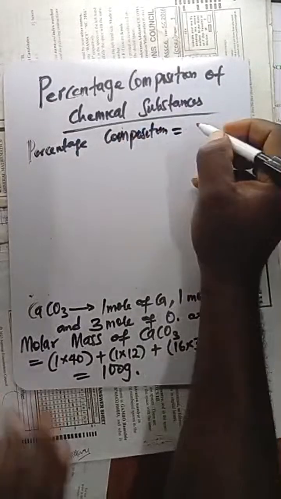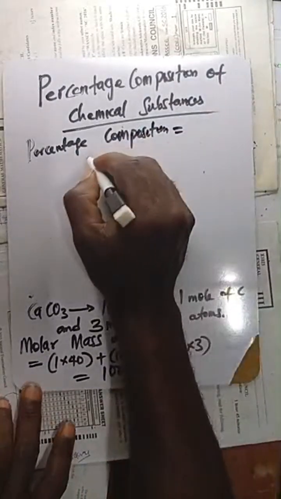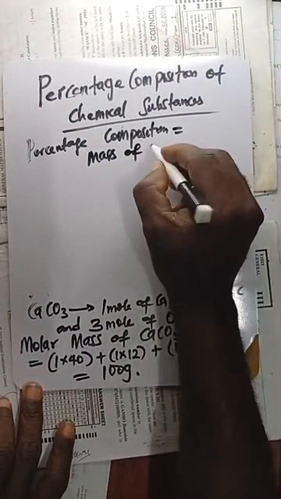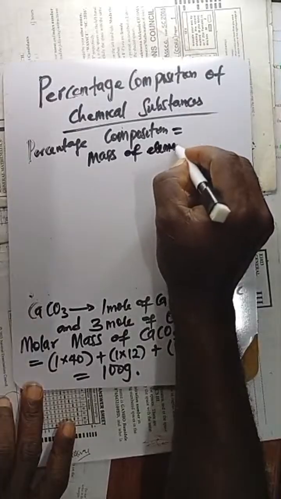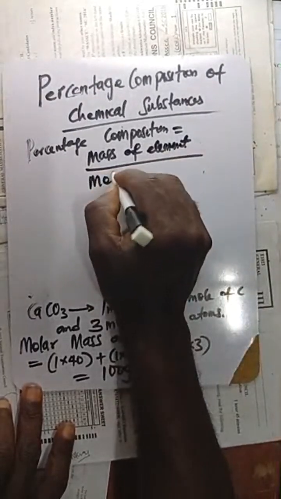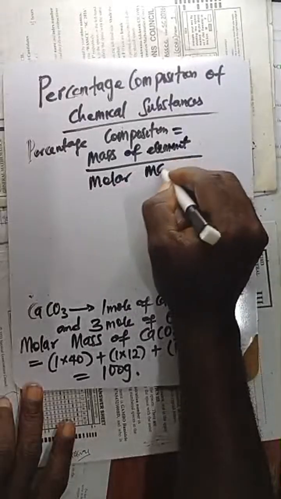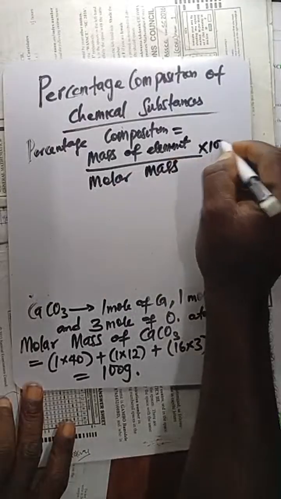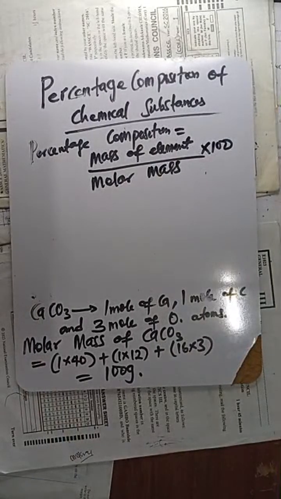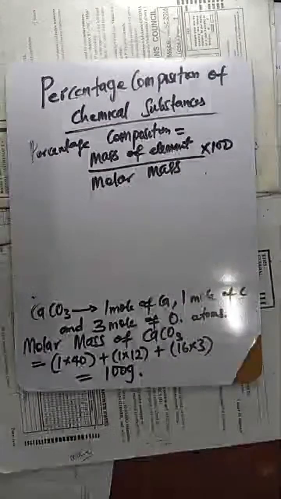The formula is mass of element over molar mass times 100. So that is the formula for percentage composition.